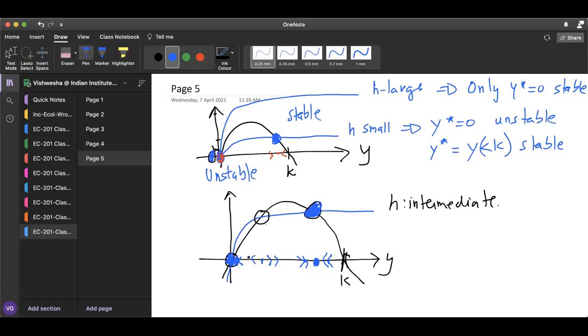Therefore, the population decays. So from this equilibrium, if I make a perturbation in either direction, the population goes away. The perturbation grows. Therefore, this is an unstable equilibrium. And these two are stable.